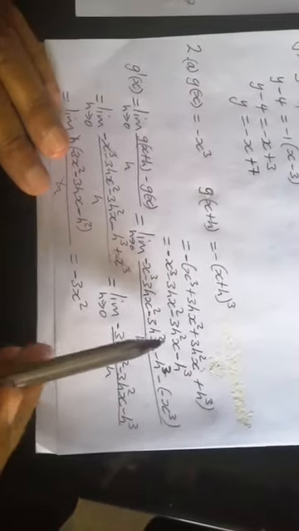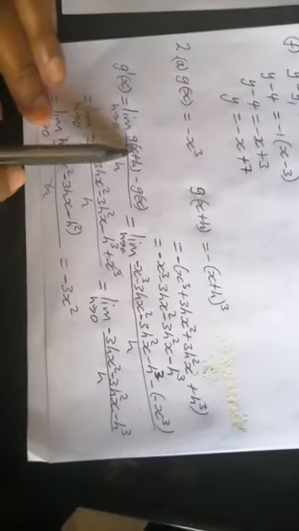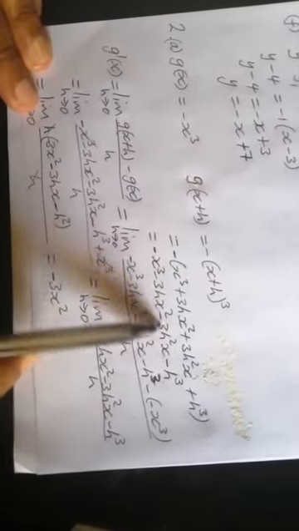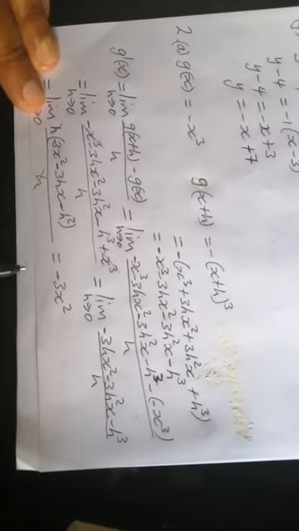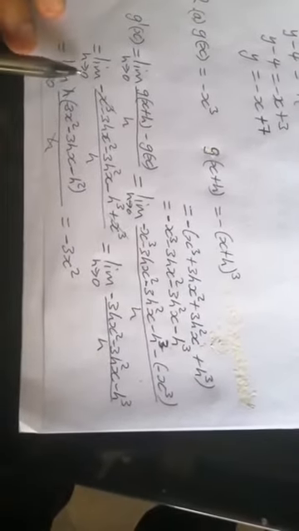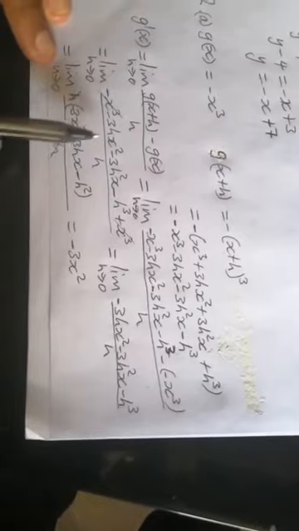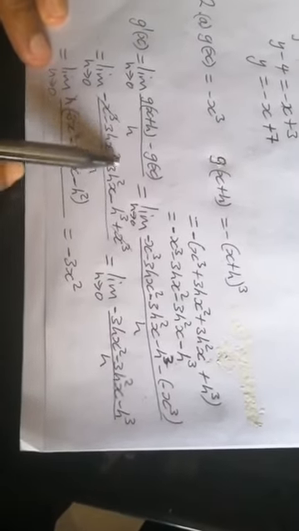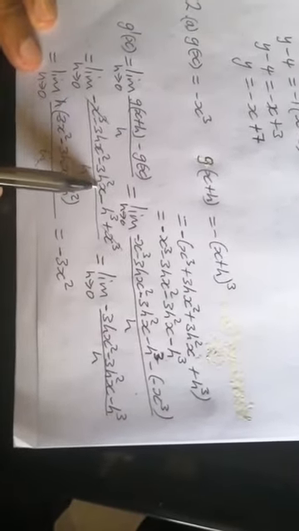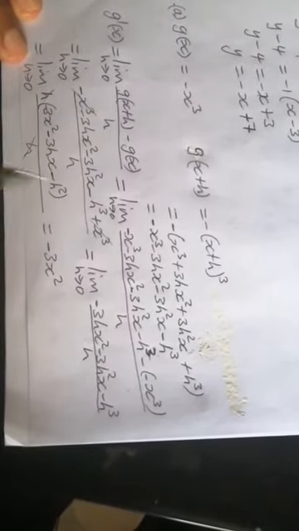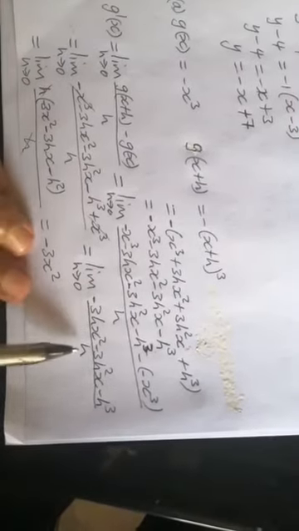And then we can simplify that. We substitute now where there is g of x plus h. We place in all that statement or expression, minus in bracket, minus x cubed. When you simplify that, you remain with minus 3hx squared minus 3h squared x minus h cubed, which then reduces to that.